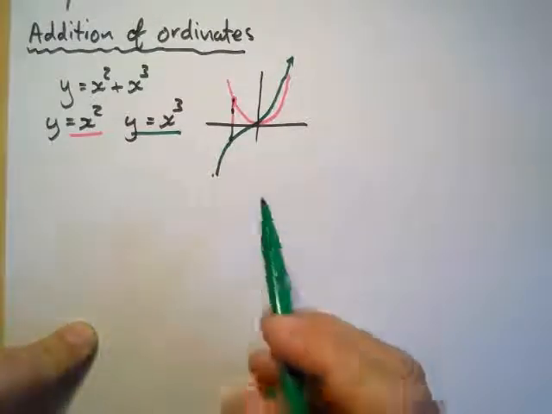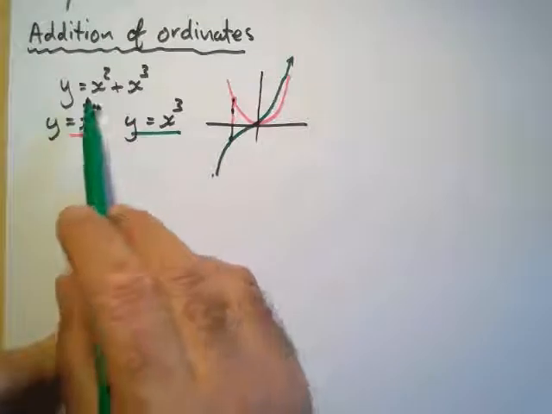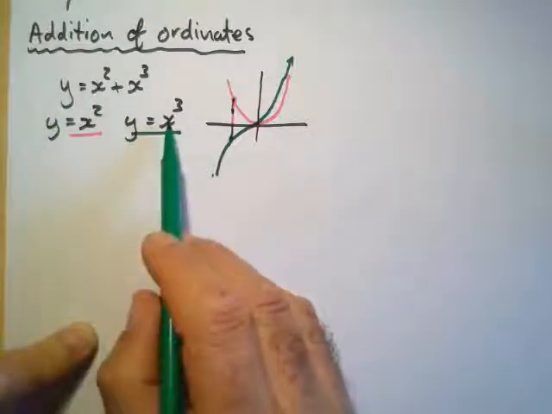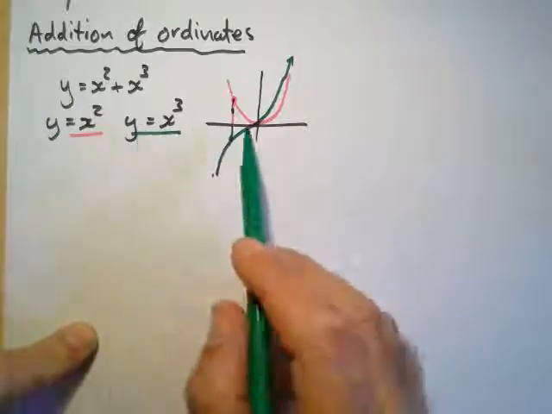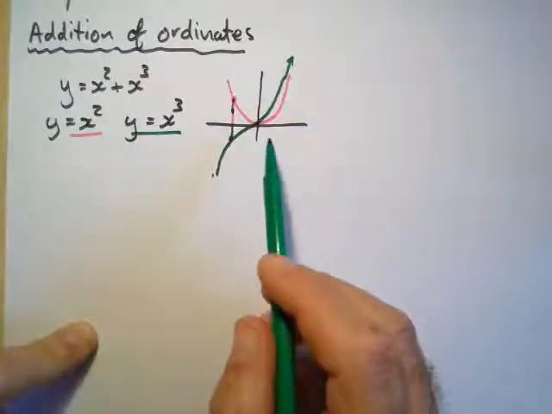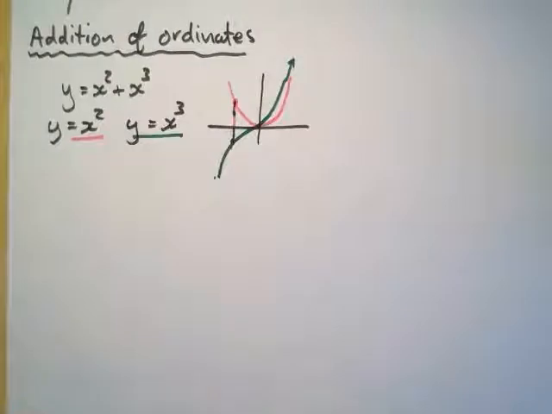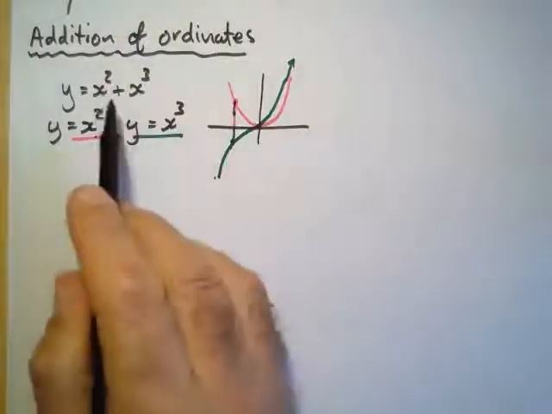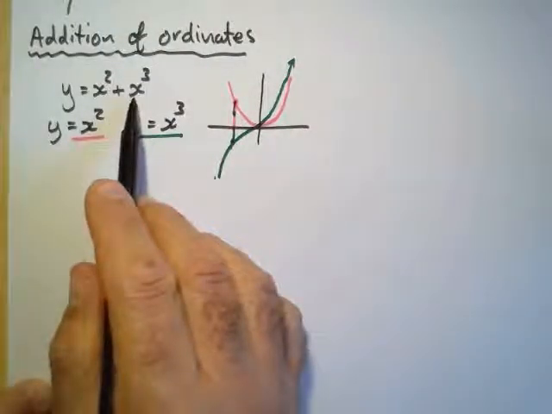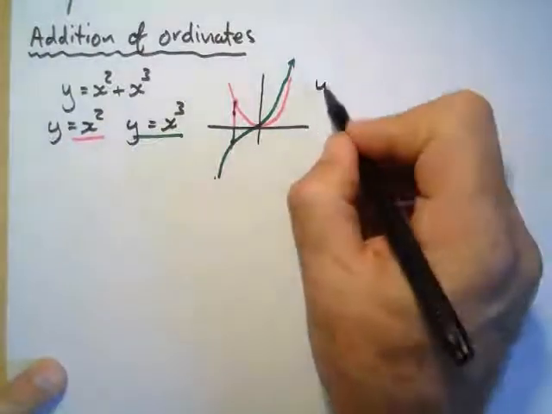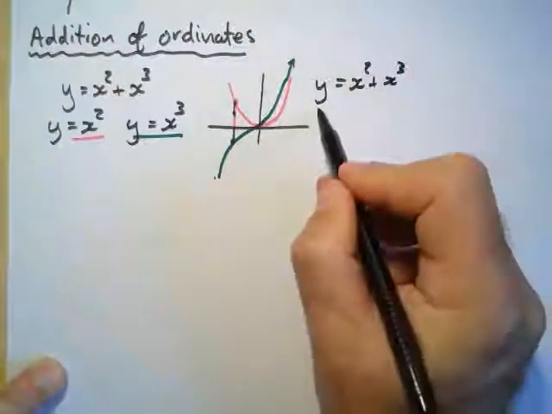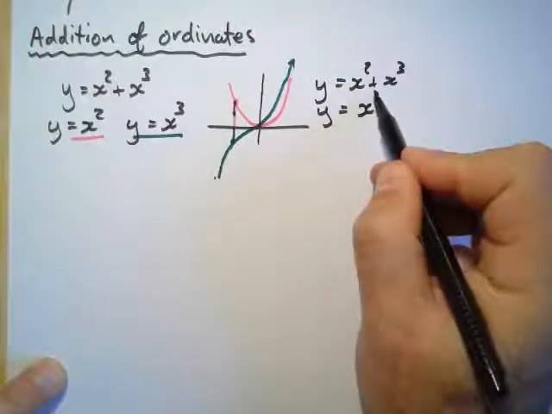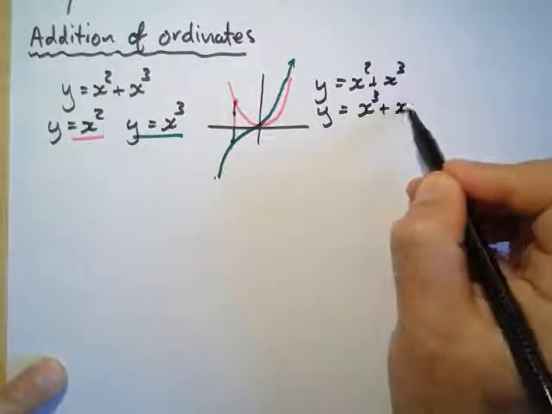What we do then, in other words, is we break this up into individual values, but instead of doing it algebraically, we're going to do it on a graph. Now, why do we want to do it? Because that is just a cubic function. If I simplify y equals x squared plus x cubed, I can rewrite that as y equals x cubed plus x squared.